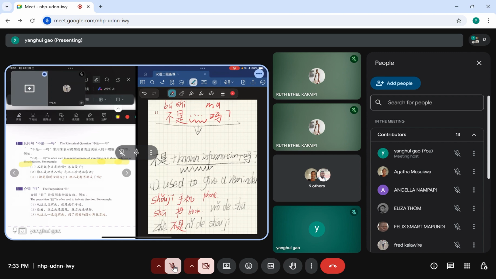这不是你的手机吗？So now you remind me. Isn't this your phone? 这不是你的手机吗？你的手机 is known information because we are looking for the phone, right?